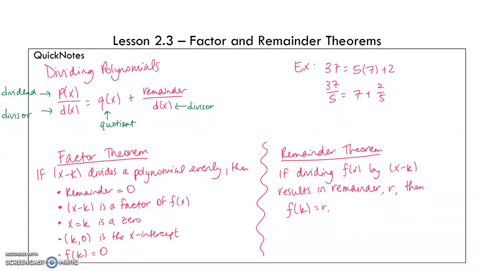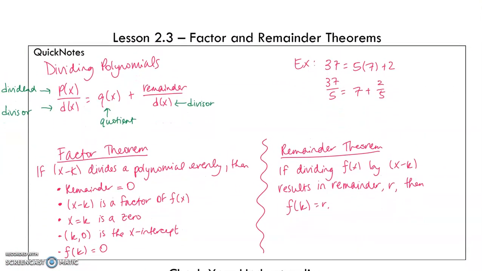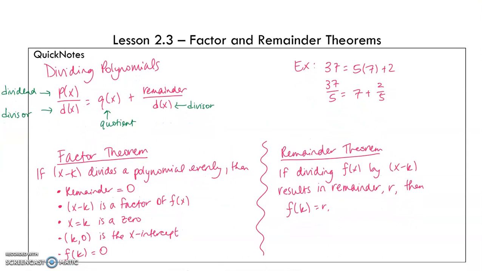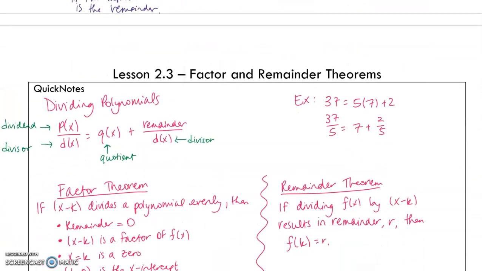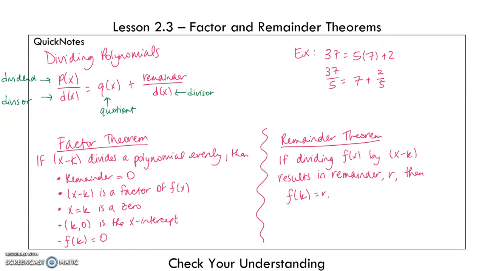If you need to pause this so you can jot all this down, absolutely go ahead and do that. But this is just a quick recap of what we've done so far. When we are dividing polynomials, taking a dividend, aka a polynomial, and dividing by some divisor, aka x plus 1 or x plus 3 in our case today, the result is going to be our quotient plus our remainder over our divisor.